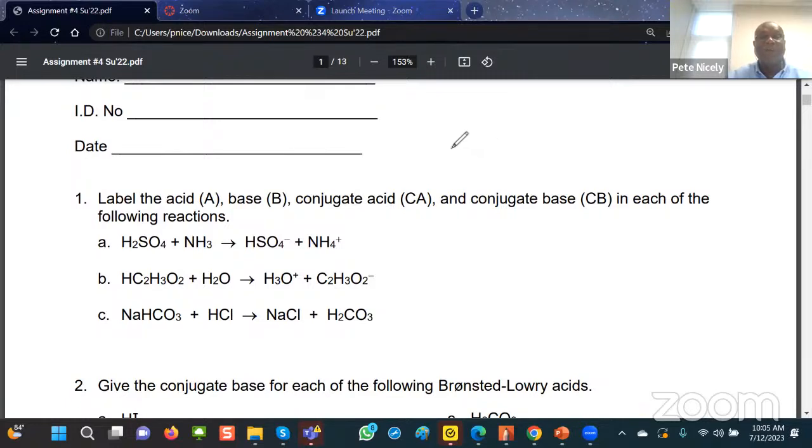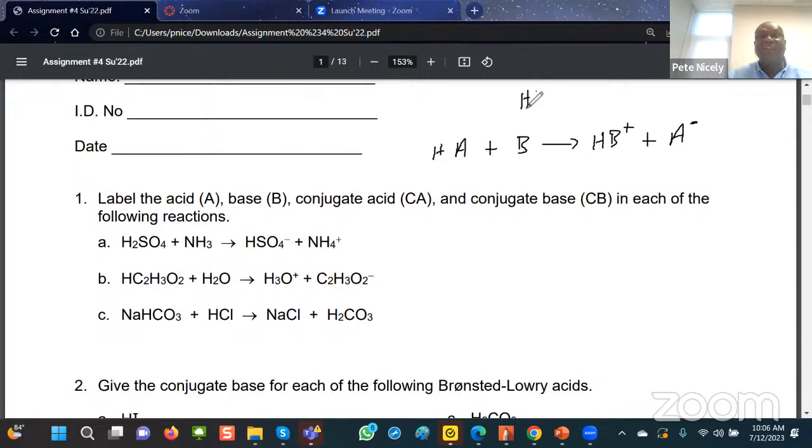The one that we're working with here is a Bronsted-Lowry definition. An acid is a substance which gives up a proton to a base, right? And the base is a substance which accepts the proton, all right?